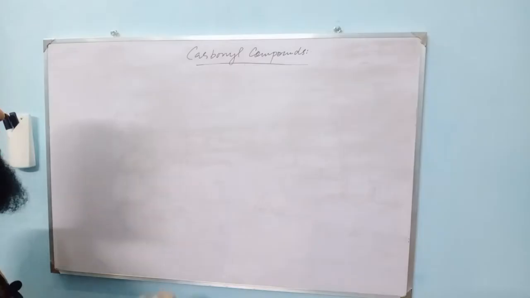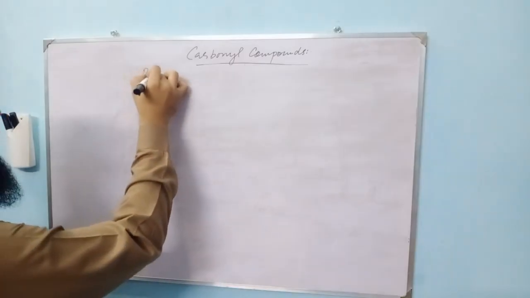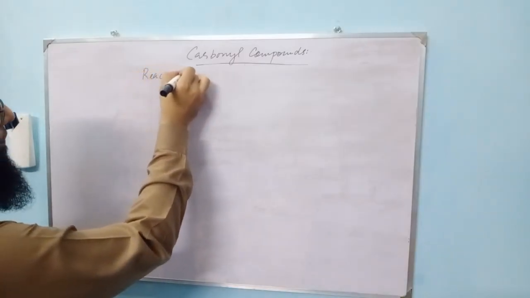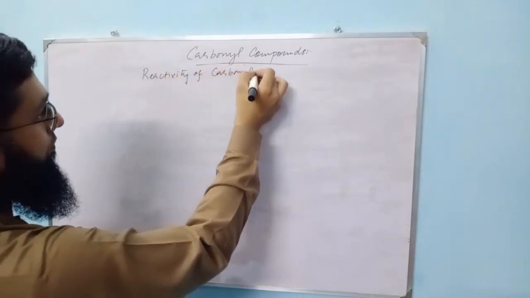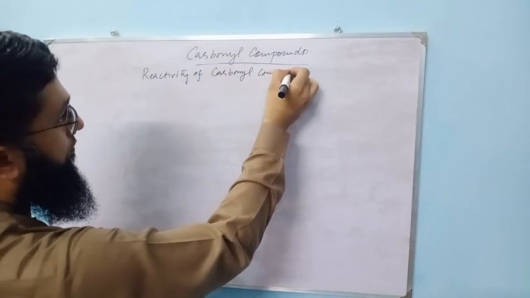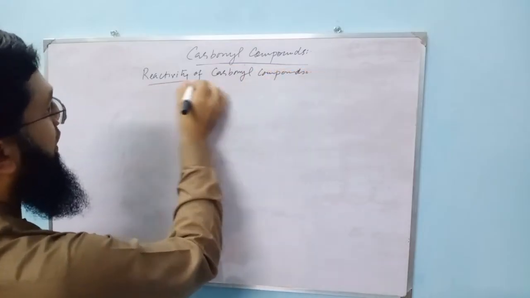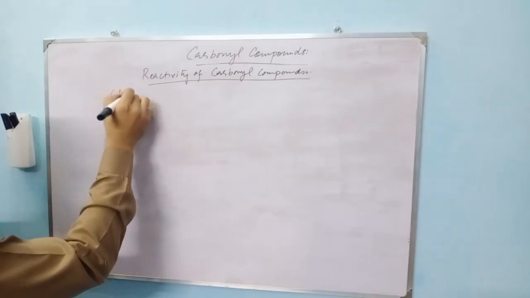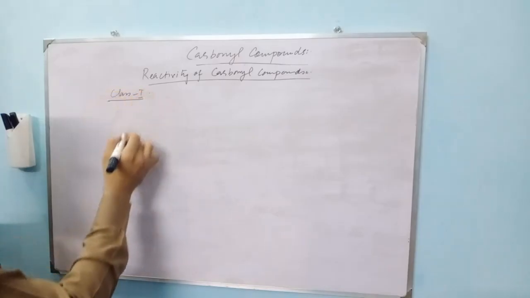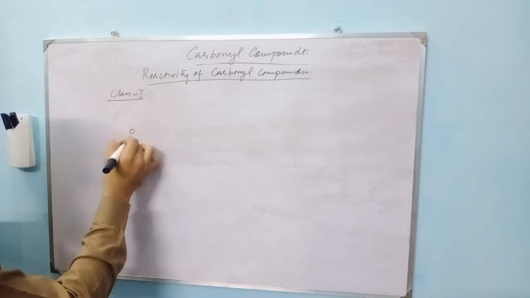So we start with the reactivity of carbonyl compounds. And for this we take the example of class 1 carbonyl. So this is class 1 carbonyl.